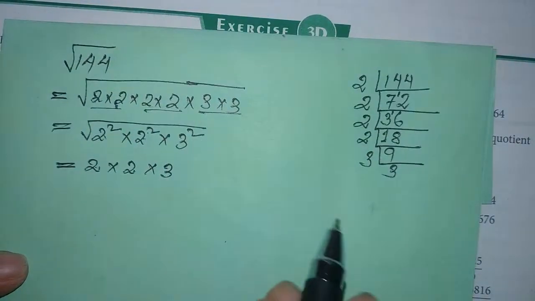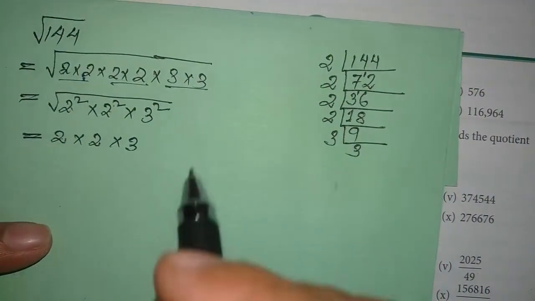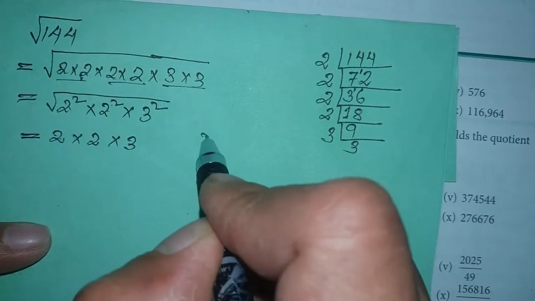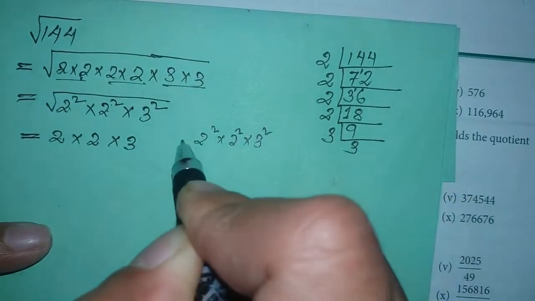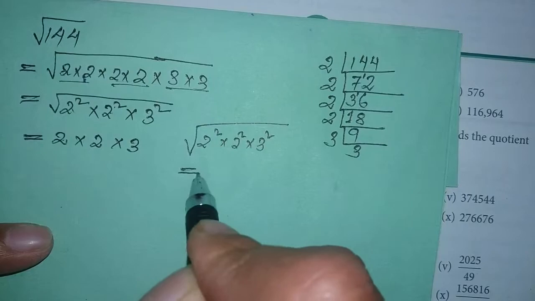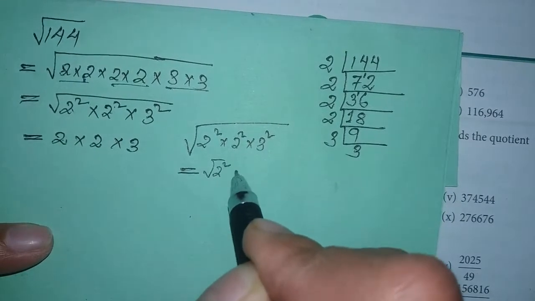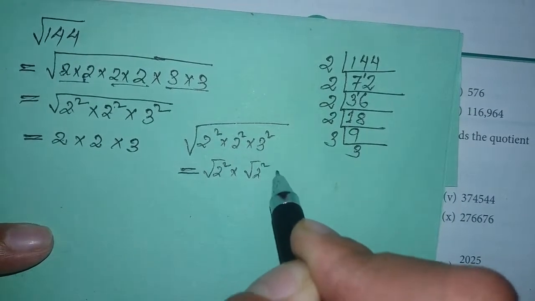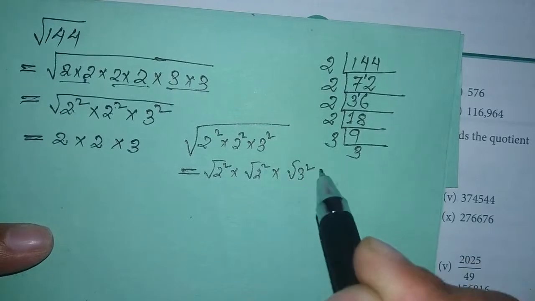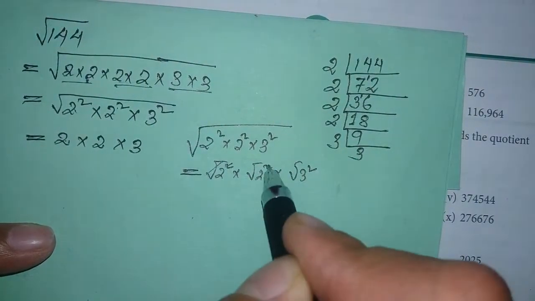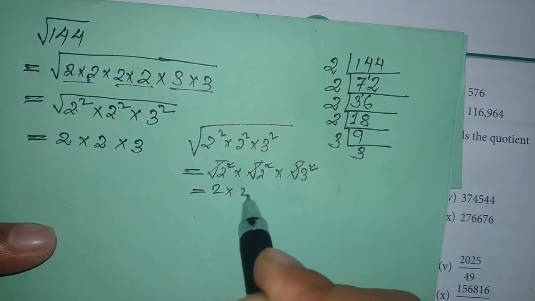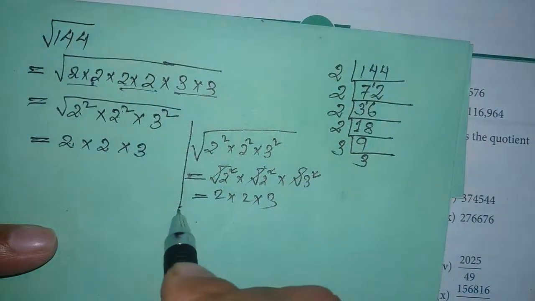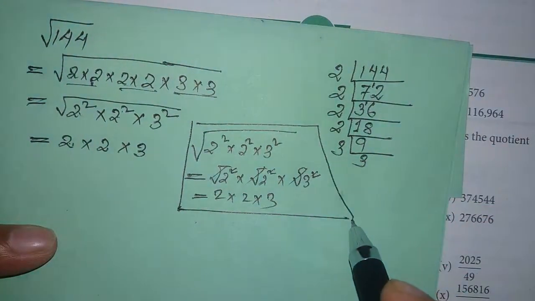Now actually the long form is like this: 2 square into 2 square into 3 square. The actual thing happening here is, this is square root 2 square, square root 2 square, square root 3 square. Now 2 and square root cut, 2 and square root cut, 3 and square root cut. So you will get here 2 into 2 into 3. But you don't have to worry about this for now.